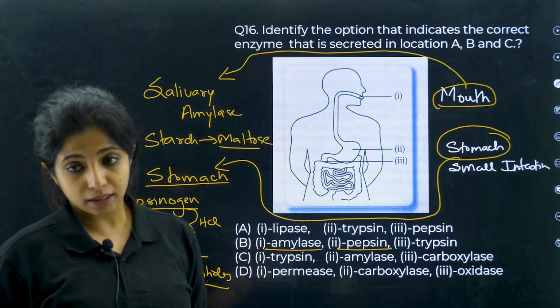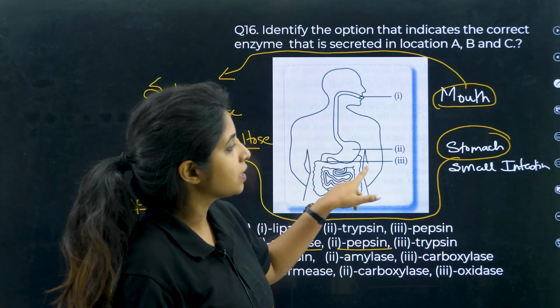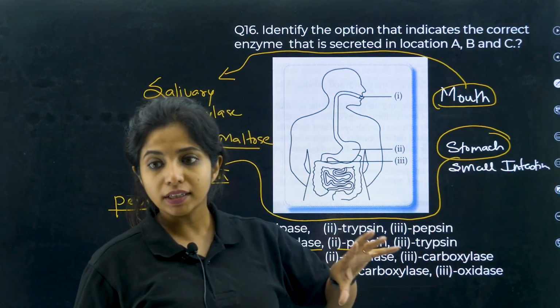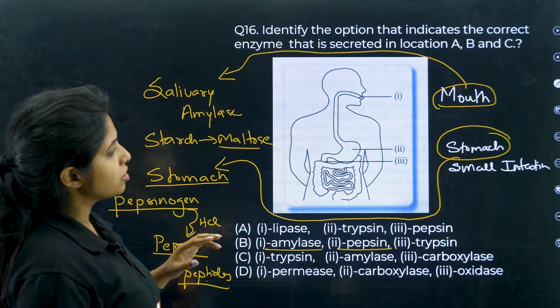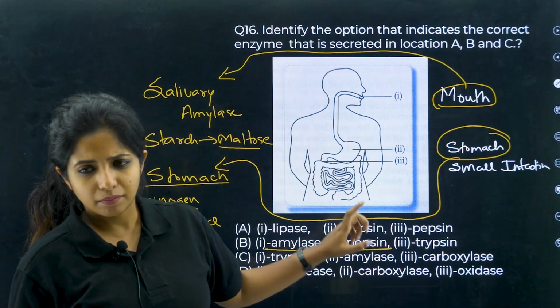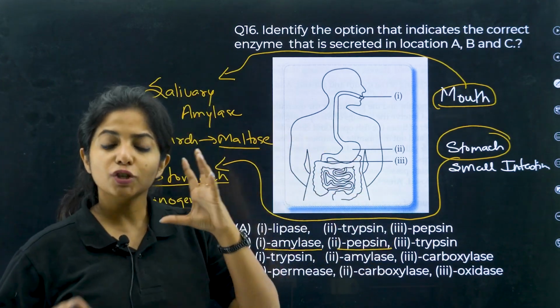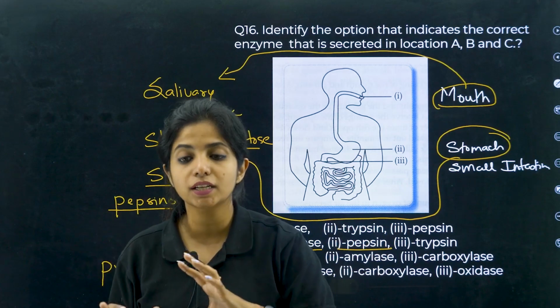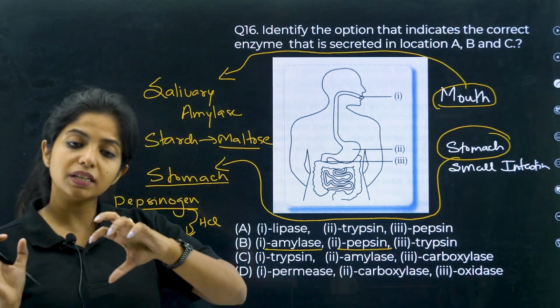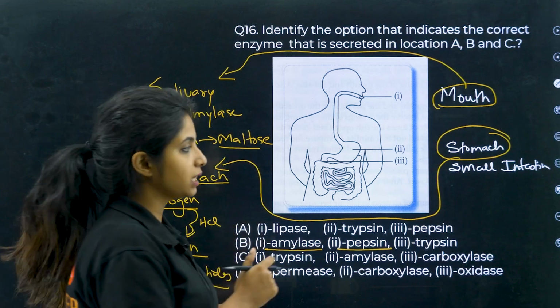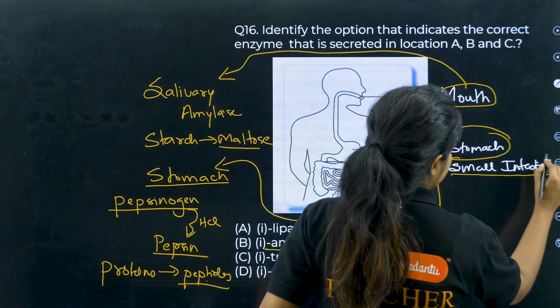Third thing is trypsin. So yes, in the small intestine, actually I cannot say it is secreted in the location, probably they have made a mistake by not mentioning the pancreas over here. So it's the pancreas which releases trypsin. Please remember that, okay. But the secretions move to the small intestine and are released over there.